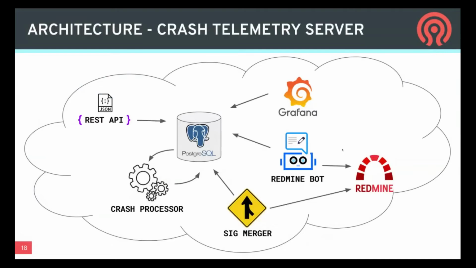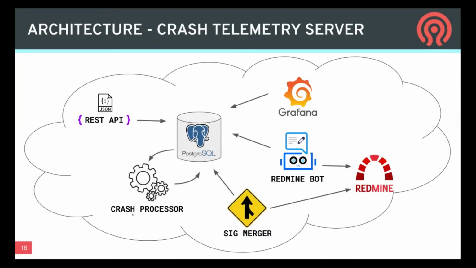All right, so we can take a quick look at the architecture on the server side for the crash telemetry. So here the telemetry report lands on a REST API. It goes to the database, and then the crash processor sanitizes the backtrace and generates the correct signature. There's a Grafana instance that knows to query this database.